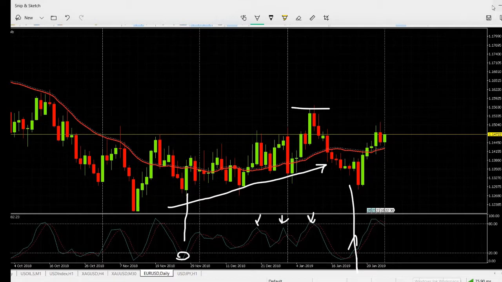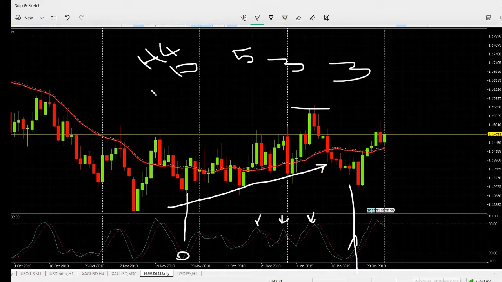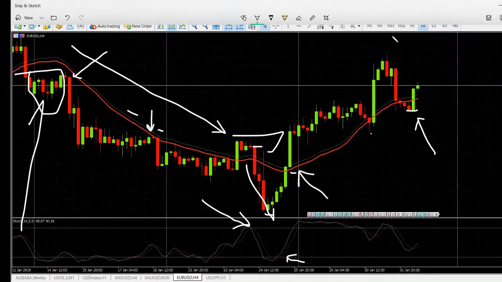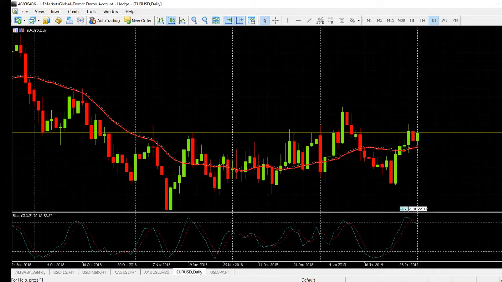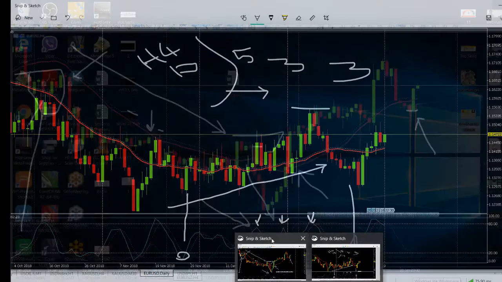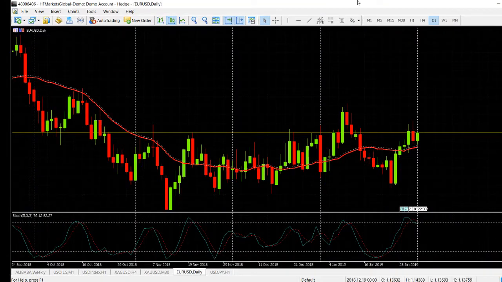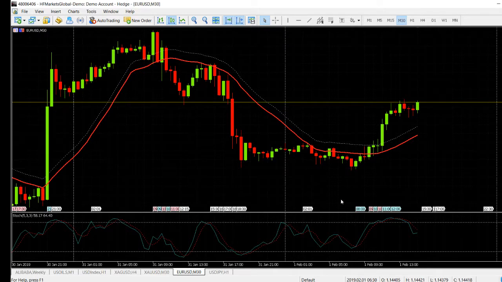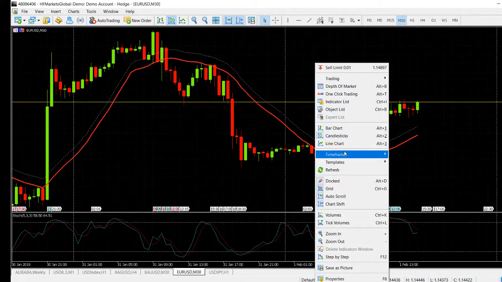So remember two things. First, for 4-hour charts and daily charts, your setting should be 5, 3, 3. And if you are going to trade on a 30-minute chart, you have to change your setting again.